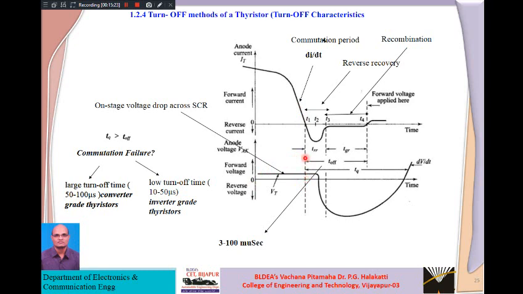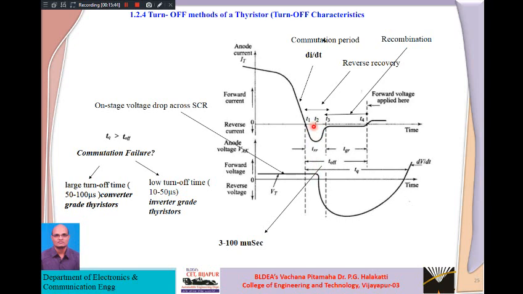At T1 exactly it will become 0, but even beyond T1 the anode current will start increasing in the reverse direction, reverse current. It is continuing up to T2.